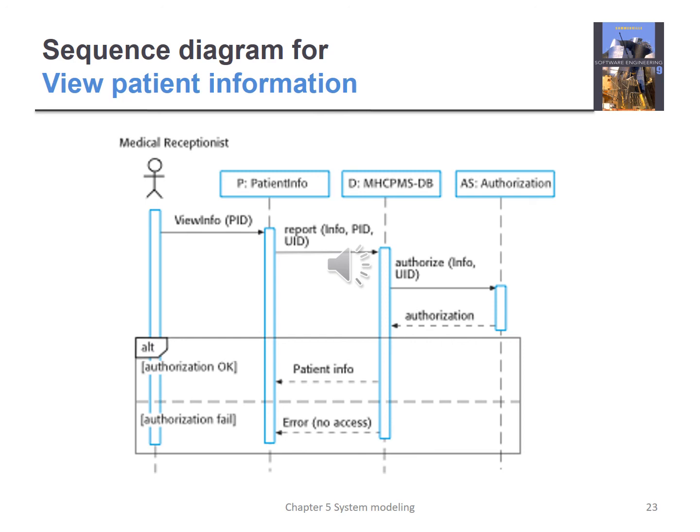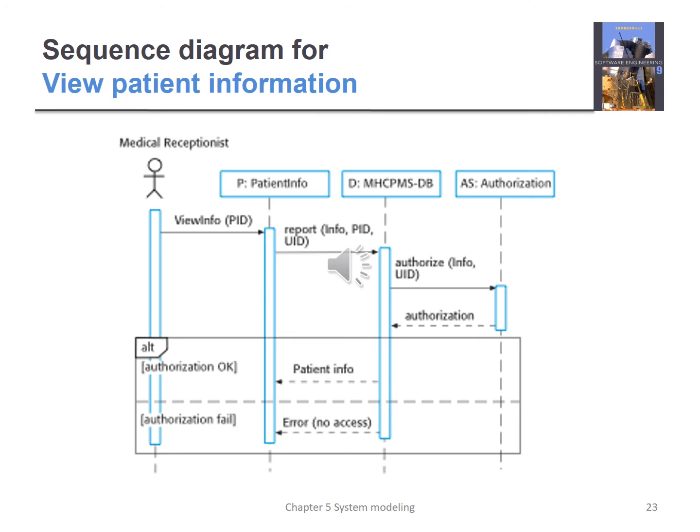In this case here, the medical receptionist tries to view the patient information. Of course, it goes to the database, and then from the database it sends something to the authorization.